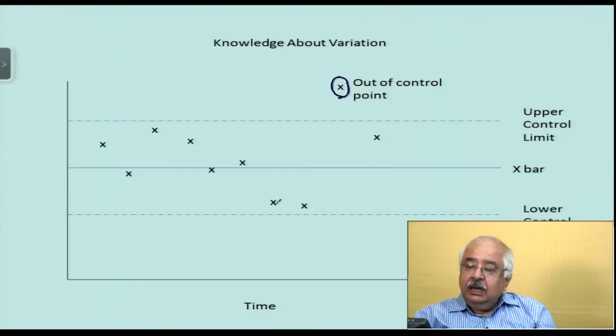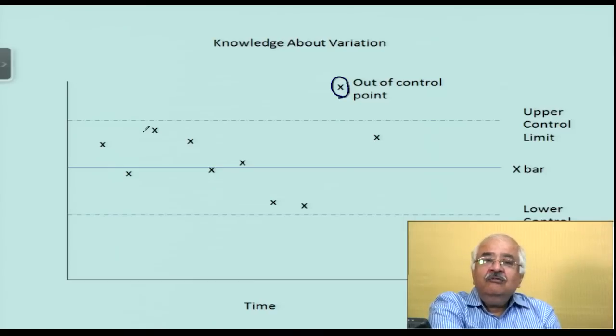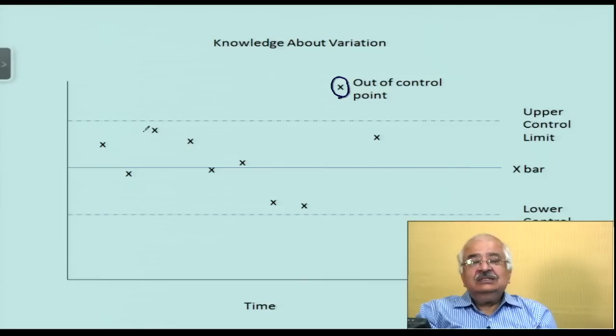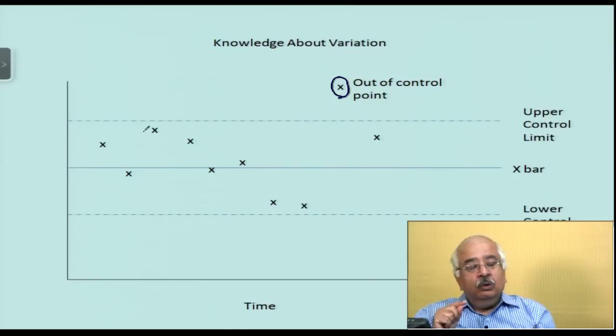The reason why we should not be seeking reasons for variation over here is because this is the inherent variation that exists within the system or the process, and it is a variation, the amount of which is something that we cannot really control by looking at individual points.